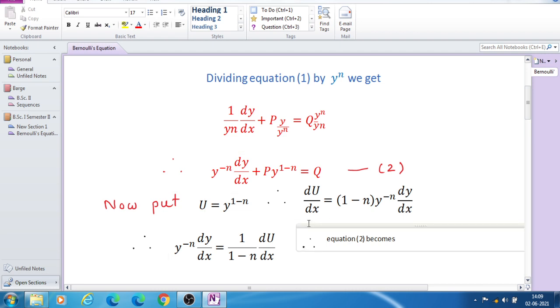Then differentiating u with respect to x, we get du by dx is equal to the derivative of y raised to 1 minus n, which is 1 minus n into y raised to 1 minus n minus 1, that is y raised to minus n, into again the derivative of y, dy by dx.